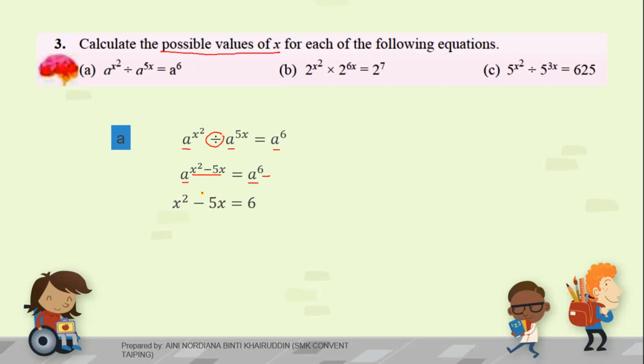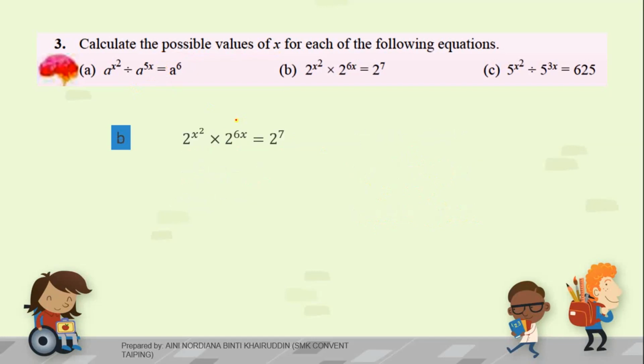Then you change this into the general form of quadratic equation. If this equals 0, then you can use factorization method. This one you have learned last year in Form 2. And then you will get x equals -1 and x equals 6. So these are the possible values for x for question A.